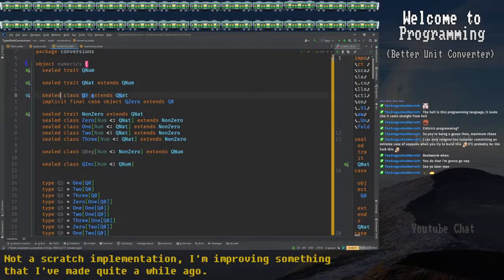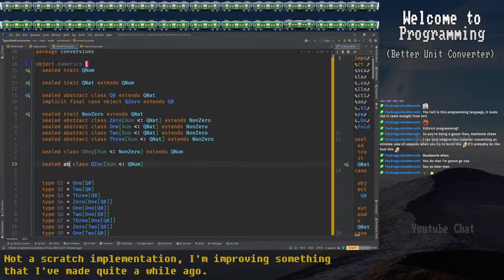I may have to make this abstract. Now to make the cases, which would be an expanded version of these cases that I've written a long while ago.